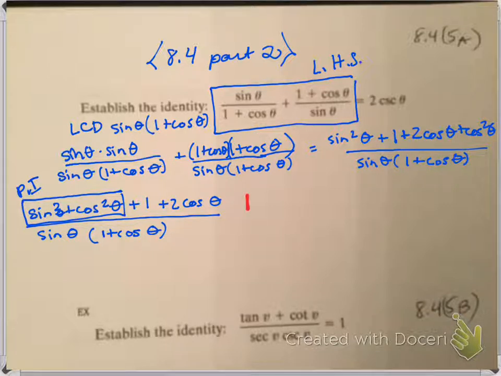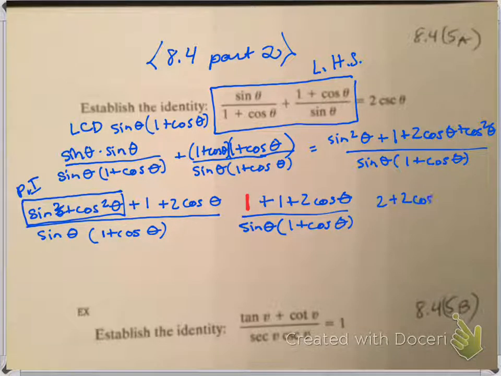So I'm going to substitute a 1 in for sine squared theta plus cosine squared theta. Okay, so now I have 1 plus 1 plus 2 cosine theta, all over sine theta times 1 plus cosine theta. Okay, 1 plus 1 is 2. So now I have 2 plus 2 cosine theta, all over sine theta times 1 plus cosine theta.